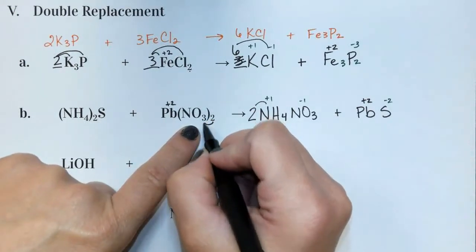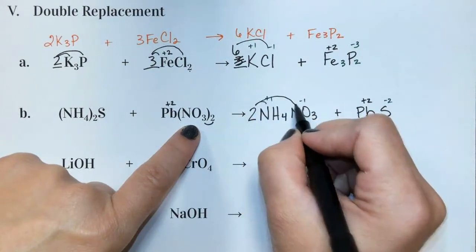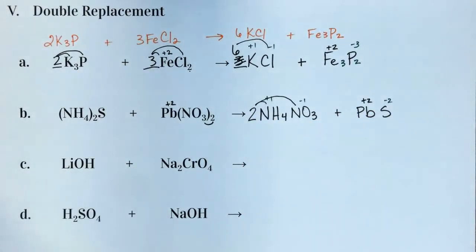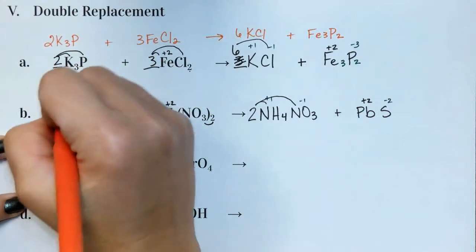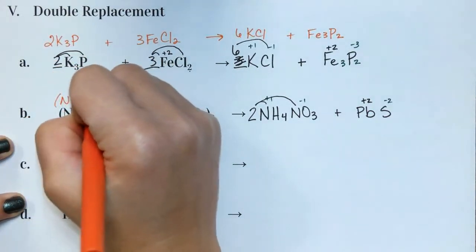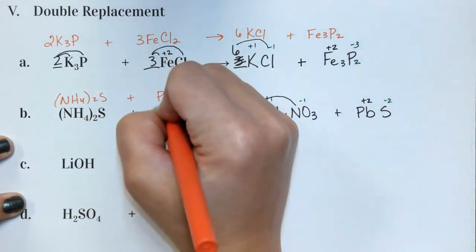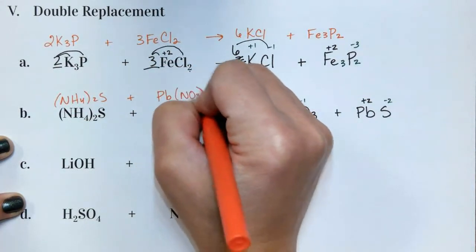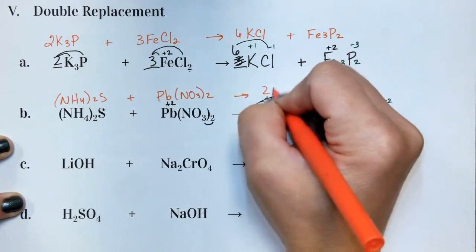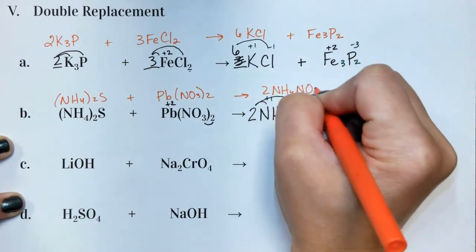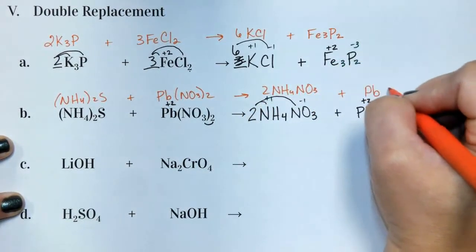This is 2 nitrates, and this is 2 nitrates, so this is balanced, and the final answer would be 1 ammonium sulfide plus 1 lead 2 nitrate is going to yield 2 ammonium nitrates plus 1 lead 2 sulfide.